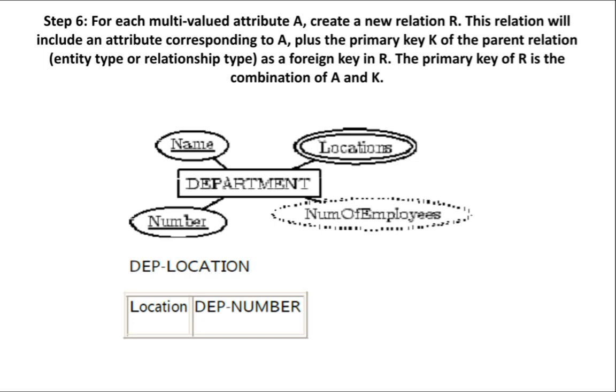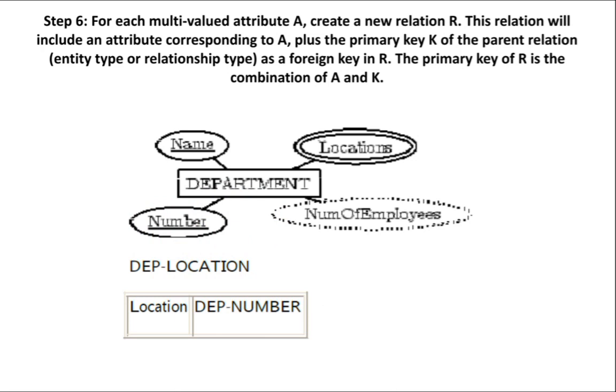So I included the location attribute in this table. Along with that, the primary key of the parent, that means the primary key of the department, which is department number, is included in the table also.